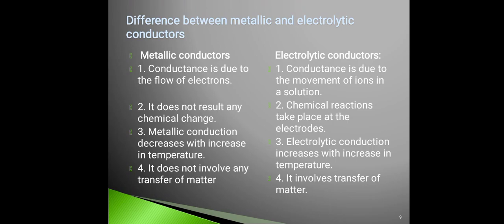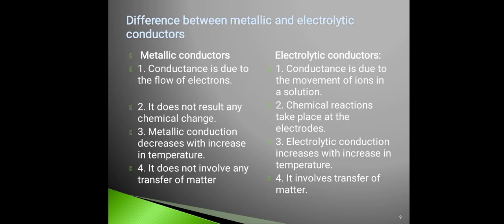So next point, in case of metallic conductors, it does not result in any chemical change, whereas in electrolytic conductors, there is a chemical reaction taking place at the electrodes, hence there is a chemical change involved. In metallic conductors, conduction decreases with an increase in temperature. On the other side, in electrolytic conductors, the conduction increases with an increase in temperature.